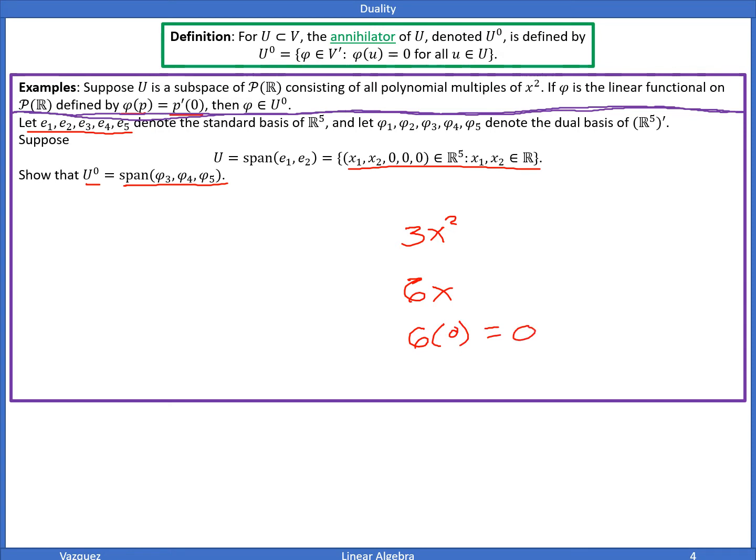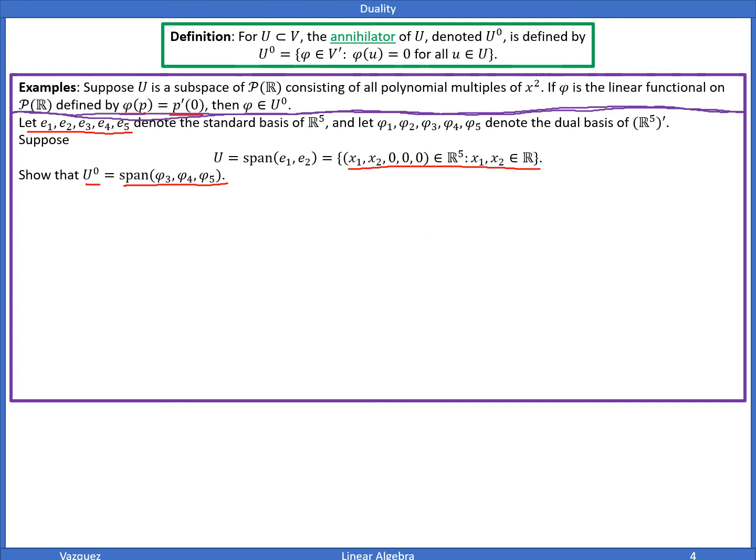So this will always give us 0, because the derivative lowers the degree of x by 1, meaning it's just x. We plug in 0 and multiply by whatever new coefficient we have, in this case 6, and it'll just spit out 0 again. That's why phi there is in the annihilator.